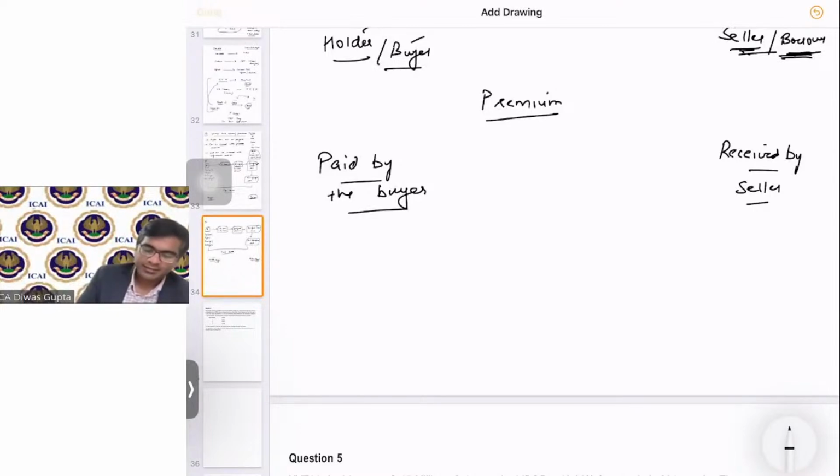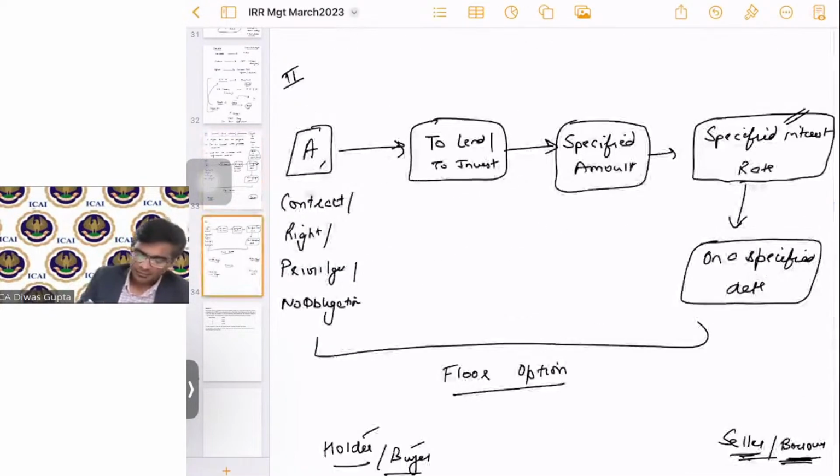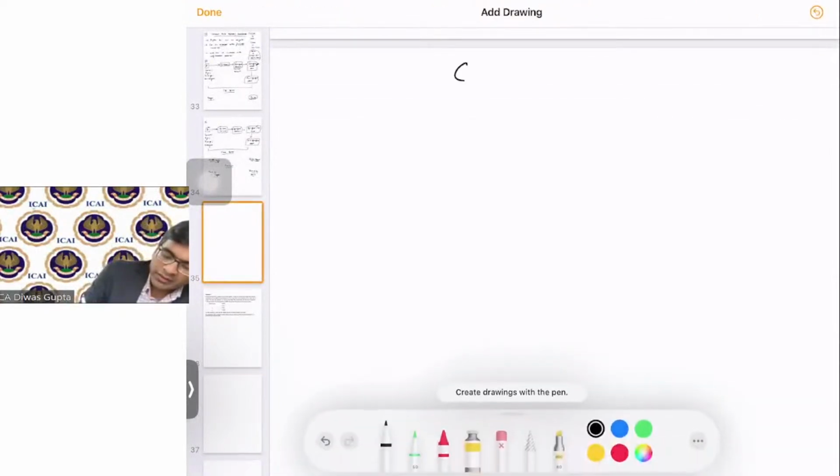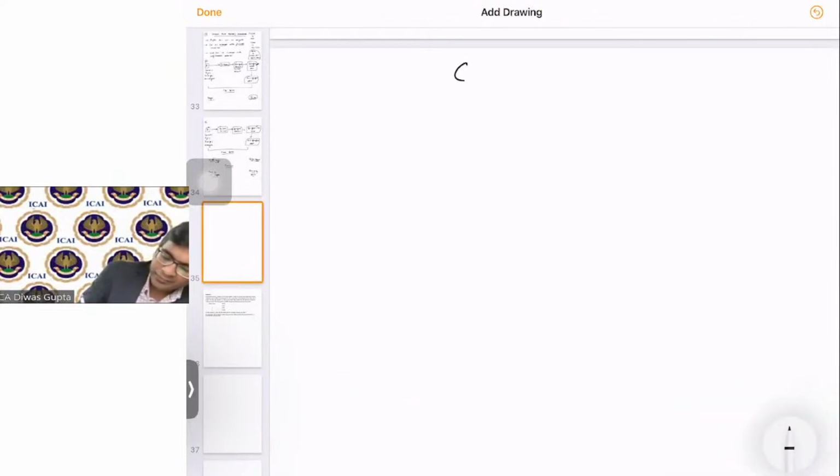Now let's see this. So let's talk about, this is cap option. This is floor option. And we are talking about it from the perspective of the holder, or let's say buyer.